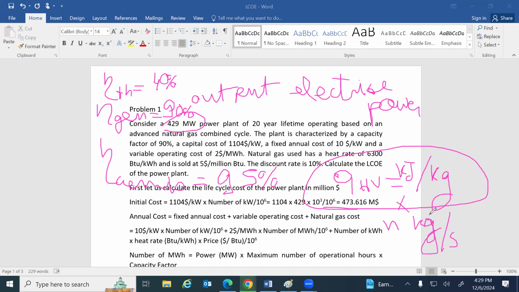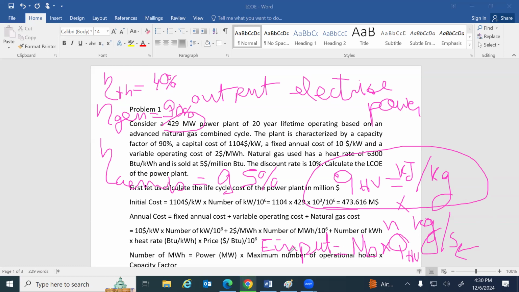When I multiply this, I can get the total, the maximum. This is the maximum power. This is the input. So to find the input, I have to multiply the number of kilogram per second that is burned by the heating value of my natural gas or fuel, etc. So I get my input power, okay?